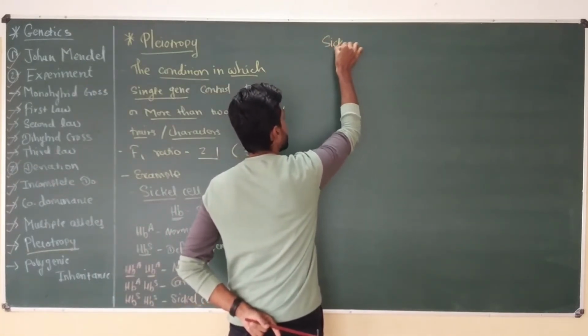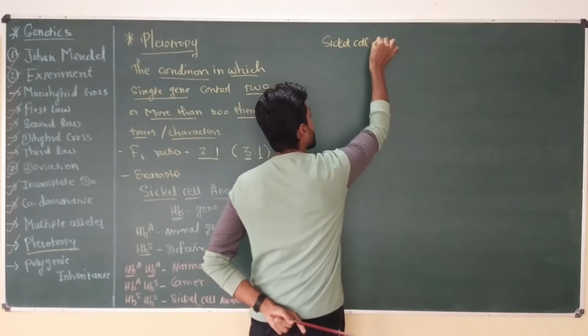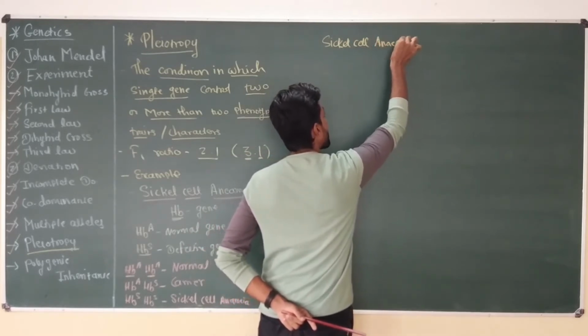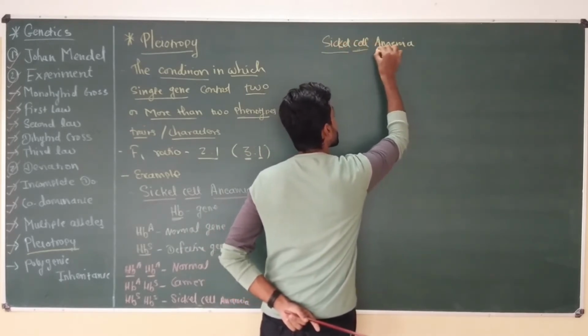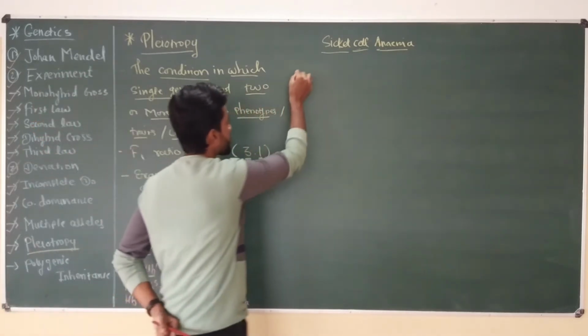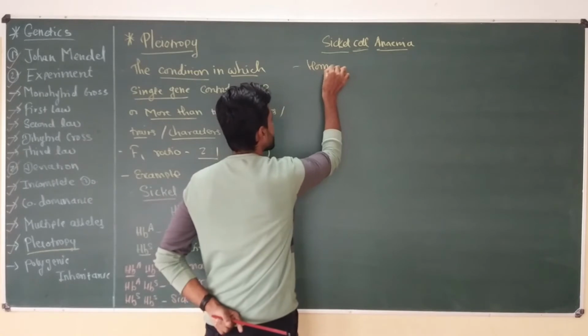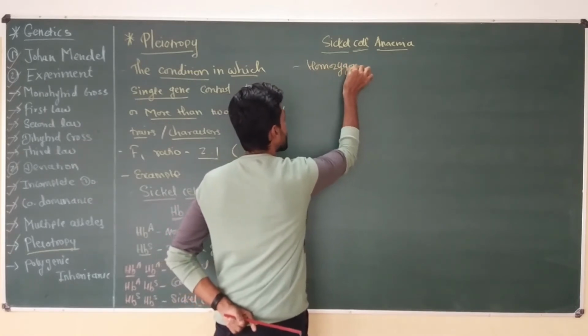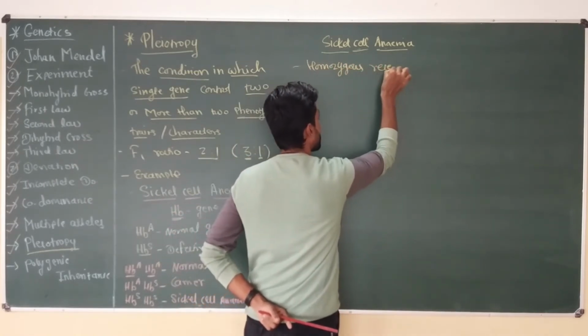Okay, so the first point is sickle cell anemia. The disease is generally called a homozygous recessive disorder.